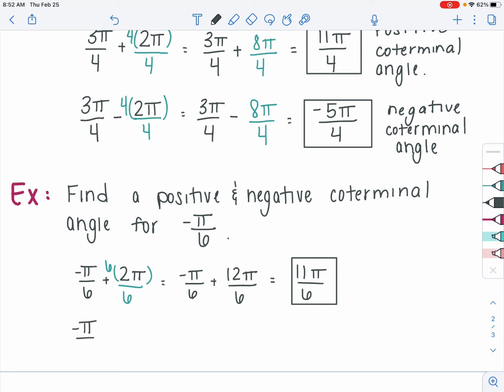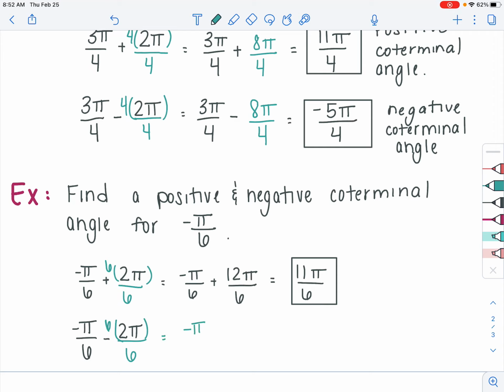If I want to find my negative coterminal angle, I'm going to subtract 2 pi, right? So then I need it to be the same. I need my denominator to be a 6. So multiply my top by a 6.